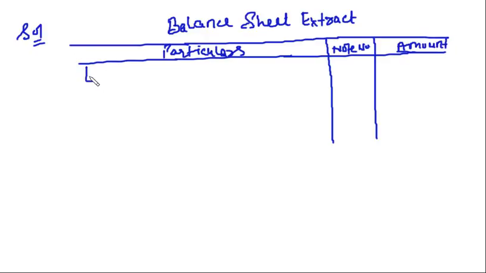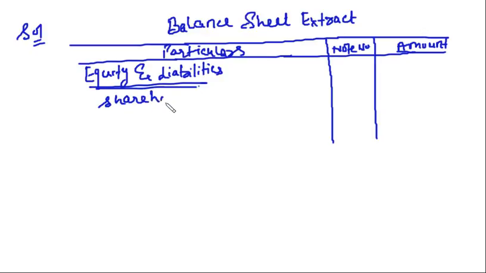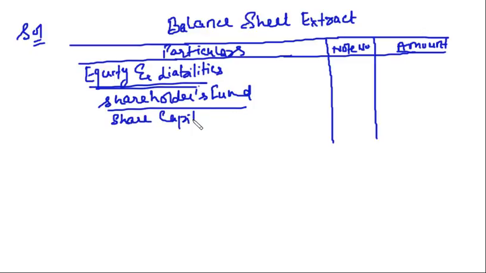Here I will write equity and liabilities. Under equity and liabilities, first we will say shareholders fund. First heading will be shareholders fund, and under that the first item will be share capital. Now we have to find out the amount of share capital.